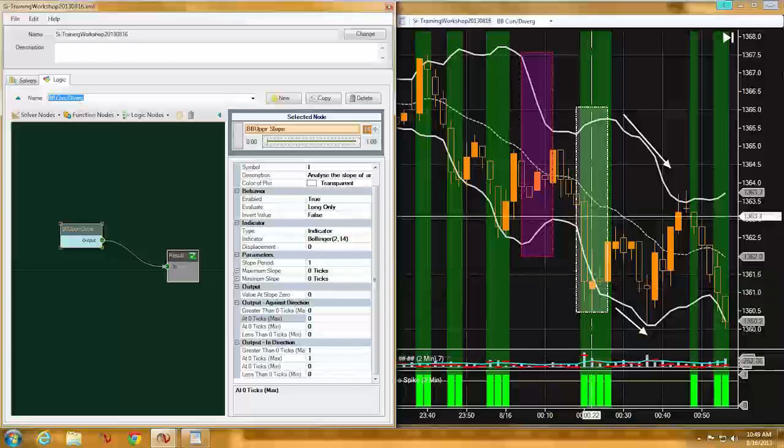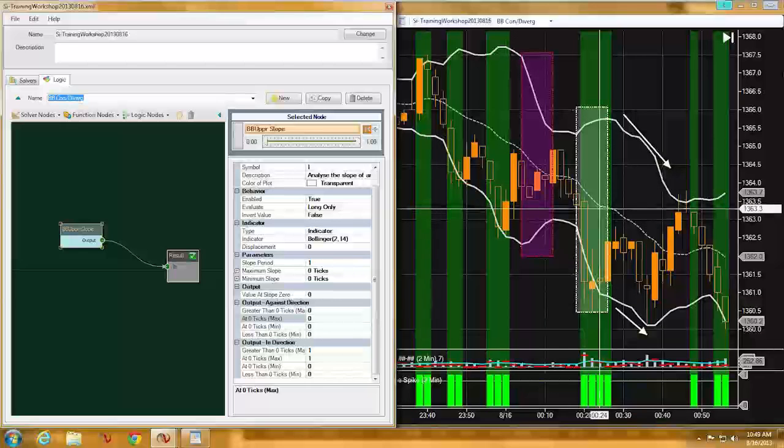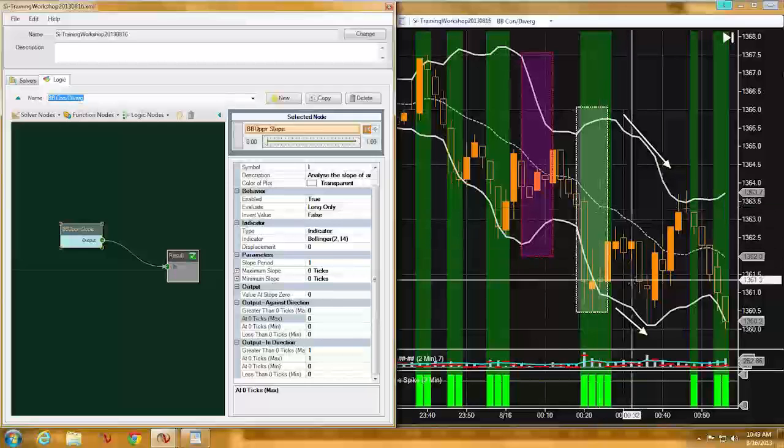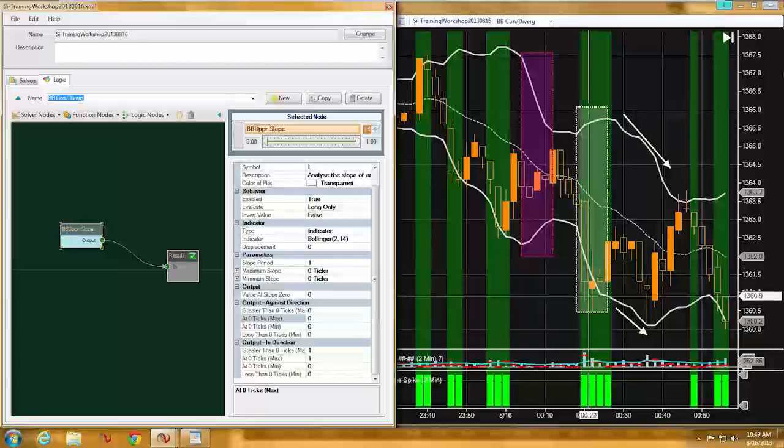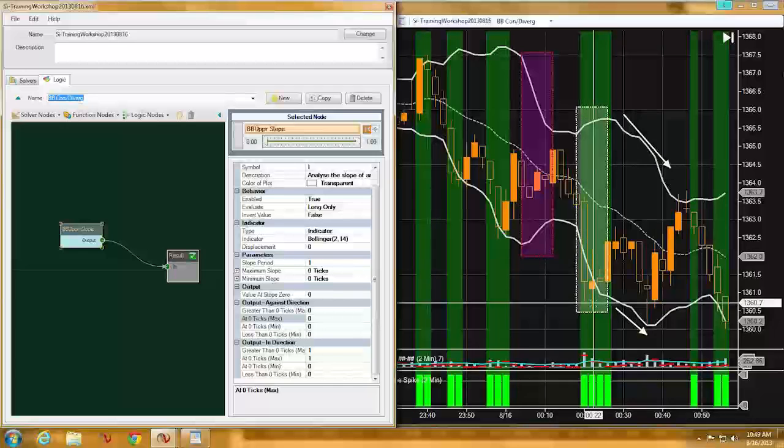And then you could use something like, I don't know, the slope of the midband to determine if you want a long signal or a short signal out of this. So I imagine most people are looking for a counter trend signal out of this. I think a lot of people are looking for a long signal if price is coming down.